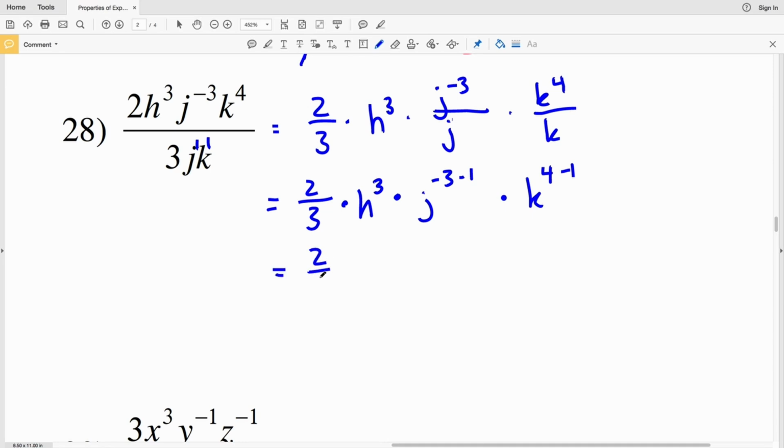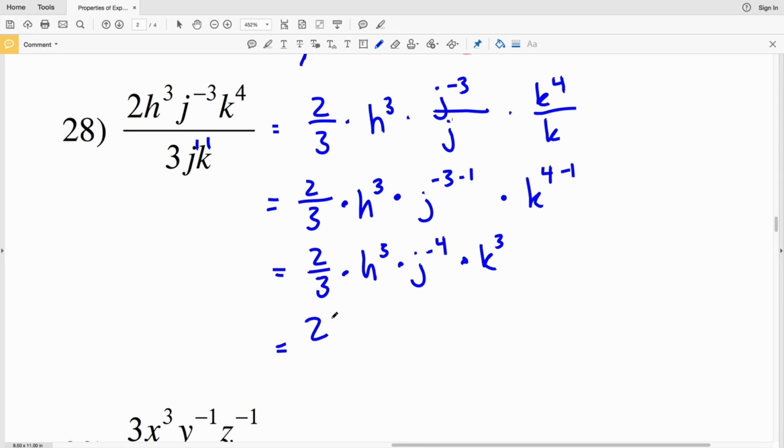So now I'll have 2/3 times h cubed times j to the negative 3 minus 1, which is j to the negative fourth, and then I'm going to be multiplying that by k to the 4 minus 1, which is k to the third. So my j to the negative fourth will be written in the denominator.